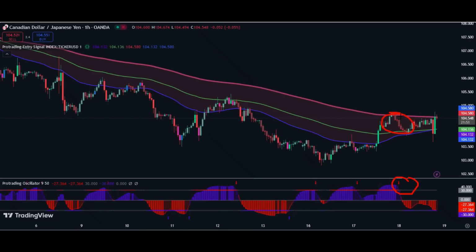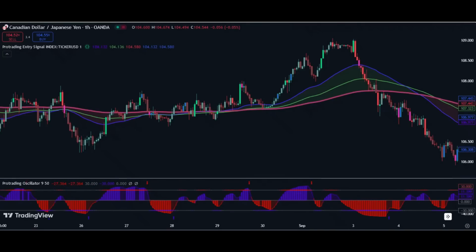So this is not a valid trade. We will not take this kind of trade because it's against the rule of this strategy. But the signal you have here, which is within this range of the 50 exponential moving average, is a valid signal for us to take.